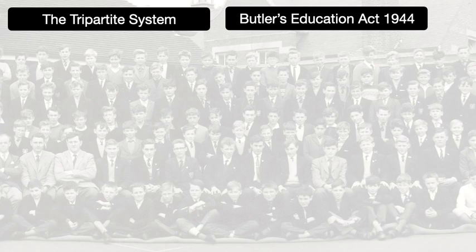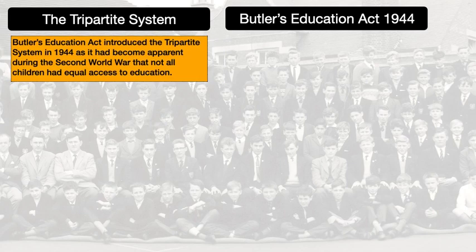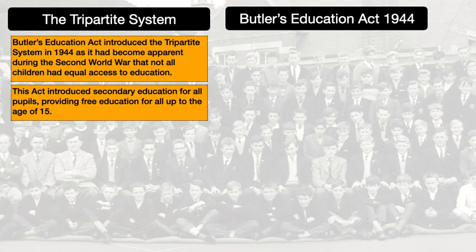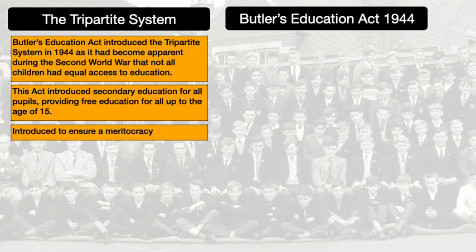So Butler's Education Act introduced this idea of the tripartite system in 1944, after it had become apparent during the Second World War that not all children did have the same access to education. So what the Act did was introduce secondary education for all pupils, providing free education for all up to the age of 15. And it was introduced really to ensure a meritocracy, to try and reduce that inequality in society.